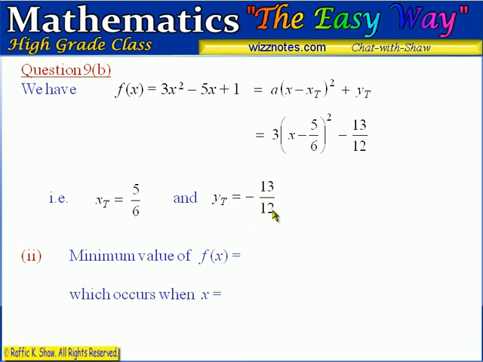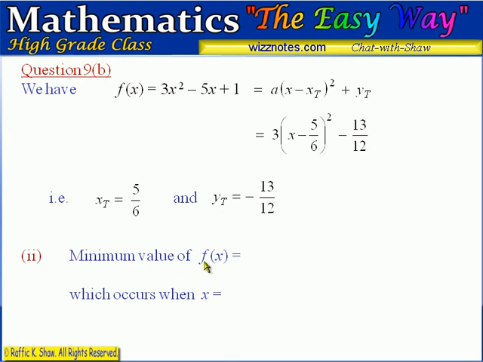The function will be equal to this yt value, which is the minimum value of this function, when x is equal to the xt value here, because when x is equal to the xt value, this expression in the bracket becomes 0, and so f of x becomes negative 13 over 12. That is when x is equal to 5 divided by 6, such that this expression becomes 0.